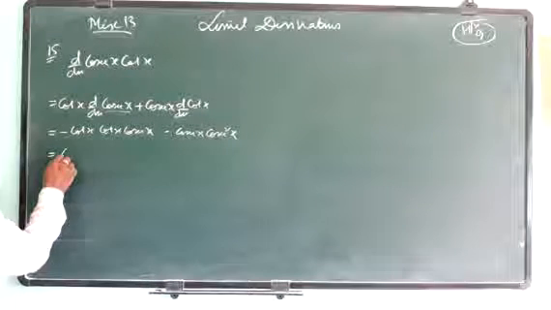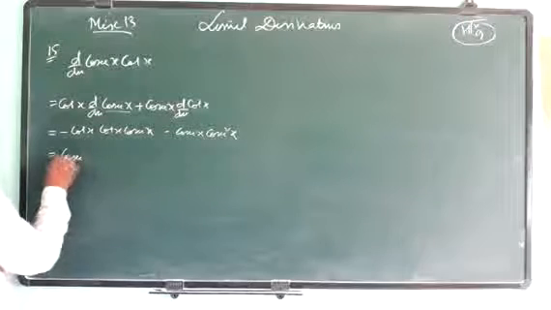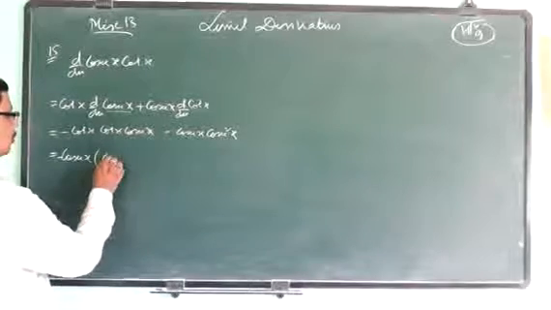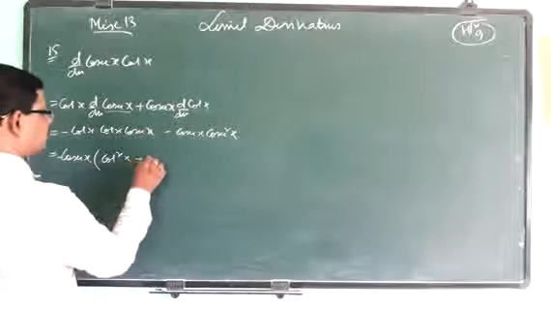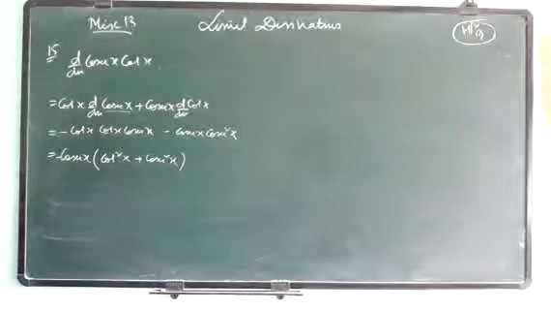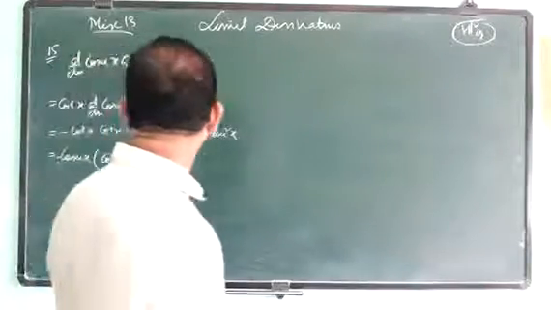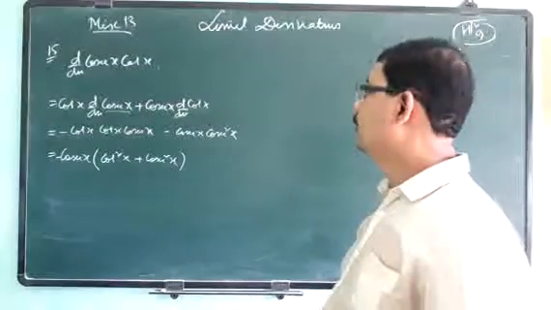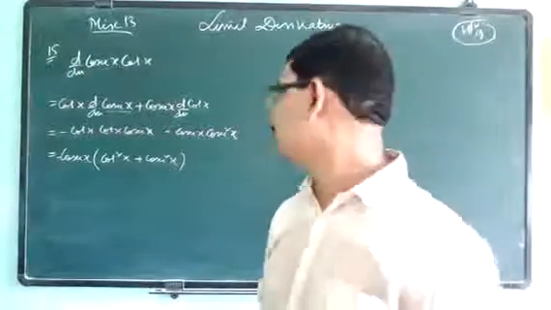So cot x, cosec, all are in this one, so we take minus cosec x common. It will be cot square x plus cosec square x. We have one formula: 1 plus cot square x is equal to cosec square x.